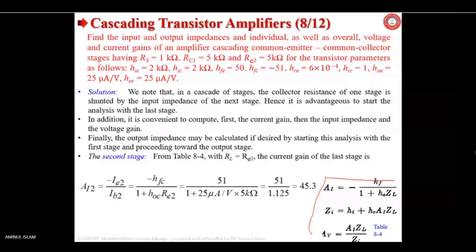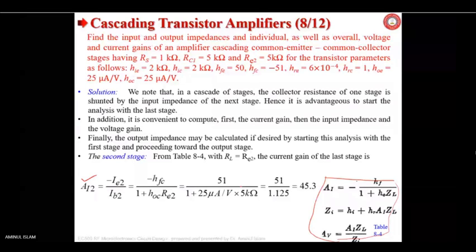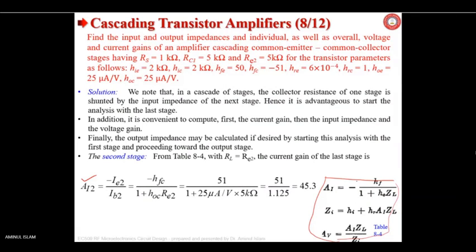From that table, with RL equal to RE2, earlier ZL was used, we are now writing RE2, the load resistance for the second stage, which is Q2. For the common collector one, the current gain can be written as AI2 equals minus I2 divided by IB2. Can you understand this?